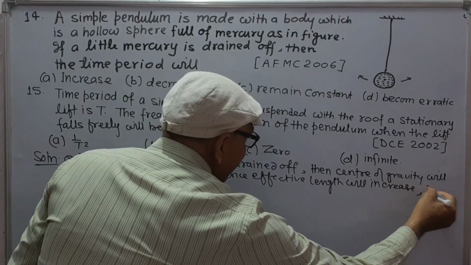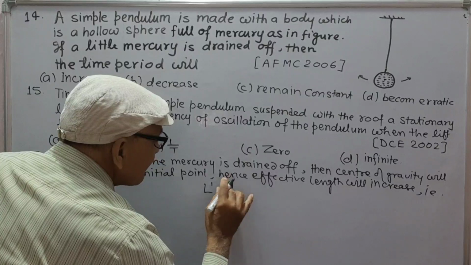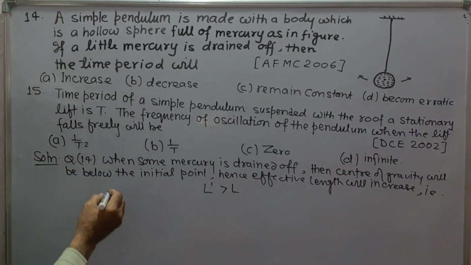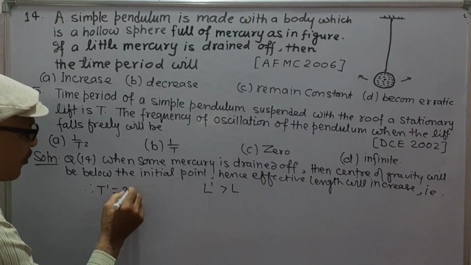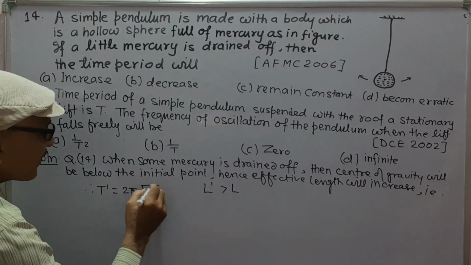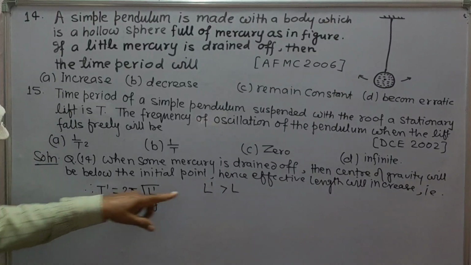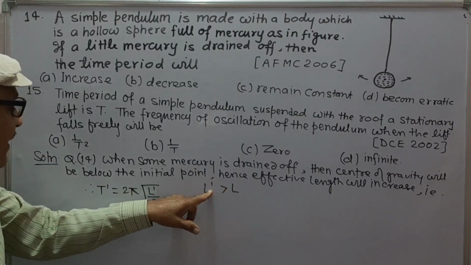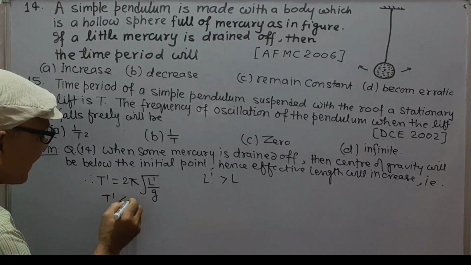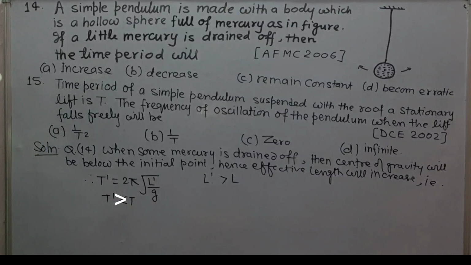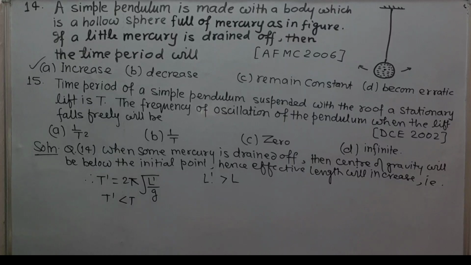That is, L dash will be greater than L. Therefore, from relation T dash is equal to 2 pi under root L dash upon g, because L dash is greater than L, therefore T dash will be greater than T. So the correct option will be A.